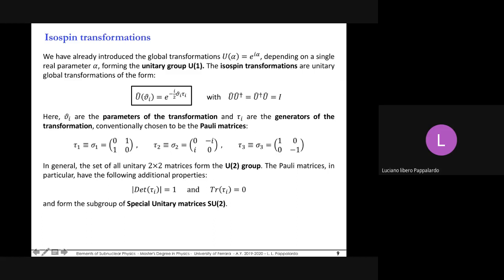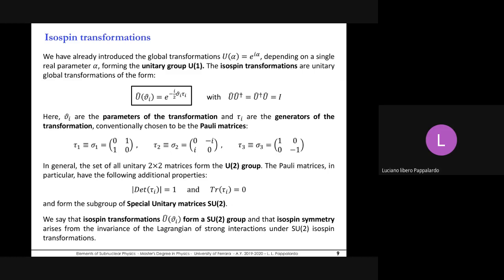And so given these 2 additional properties, they form a subgroup of U(2) that is called a special unitary group, SU(2), where S stands for special, okay? Of course, they are global transformations. As you see here, the parameters of the transformation do not depend on the space-time coordinate. So they are global, okay?